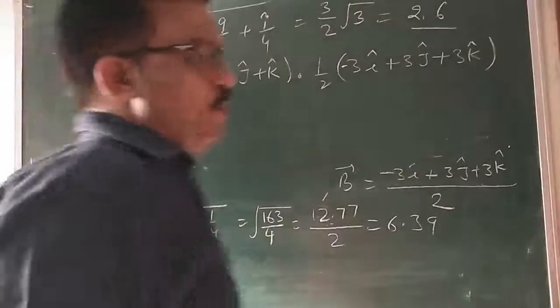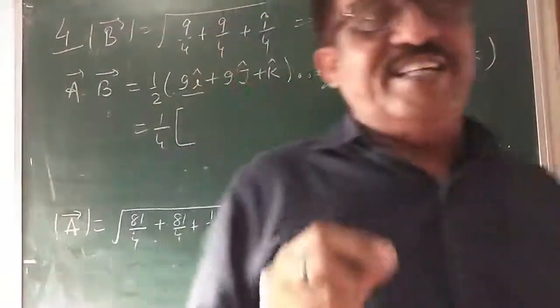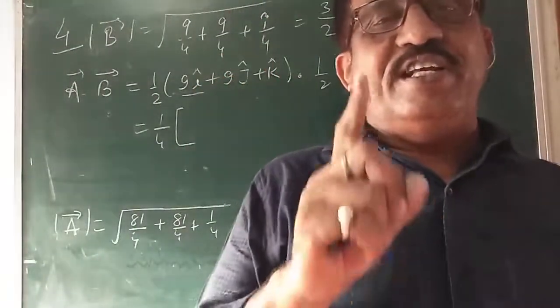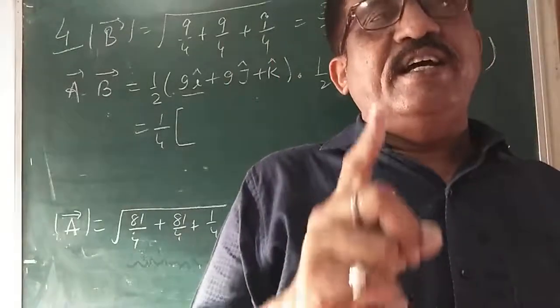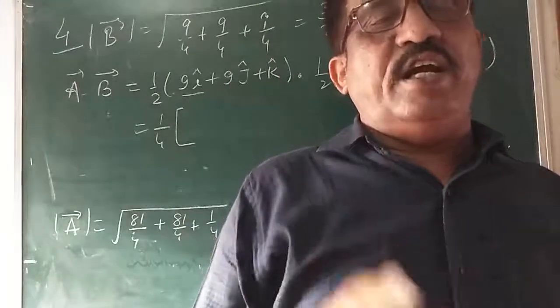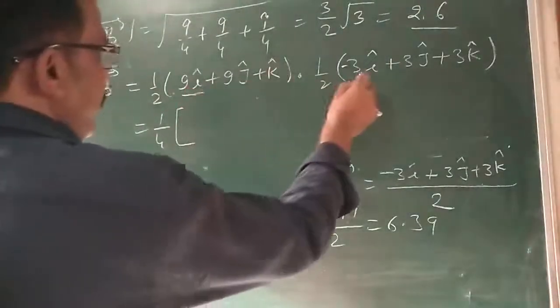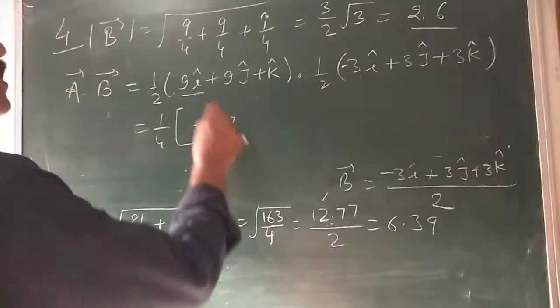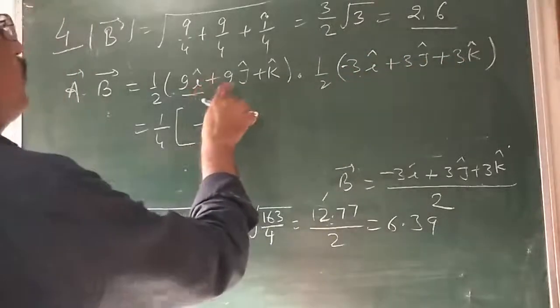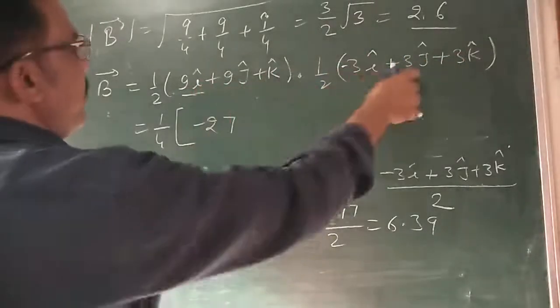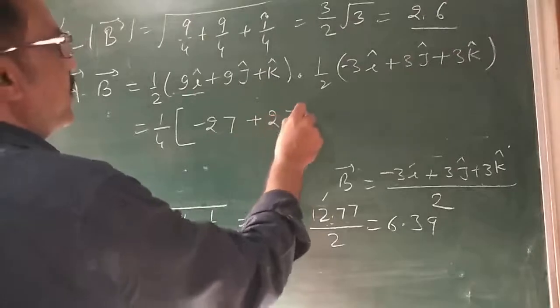Again use the same formula. I dot i, j dot j and k dot k is 1. I dot j, j dot k and k dot i, that is 0. So you can write 9 into minus 3, 27. Other is 0. When you multiply this, 0. You multiply this, that is 27.